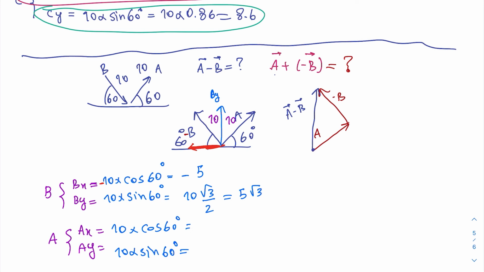Here in the x component of vector A, I don't need to add any minus because both components are heading in the positive direction, so they both are positive. So here will be 5, and here will be again 5 square root of 3.